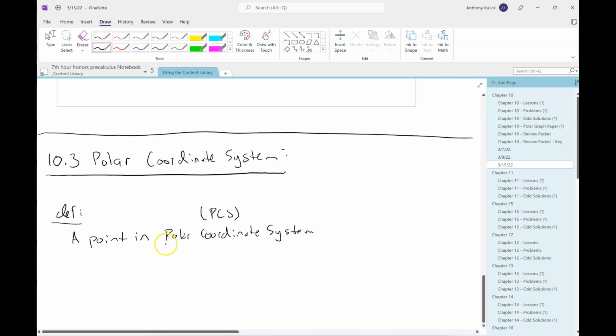I'm going to abbreviate polar coordinate system as just PCS from here on out because that's a lot of letters to write, and I don't like writing things down.